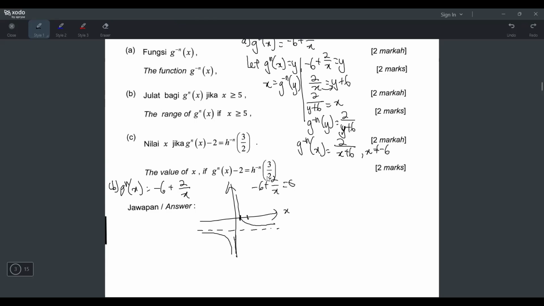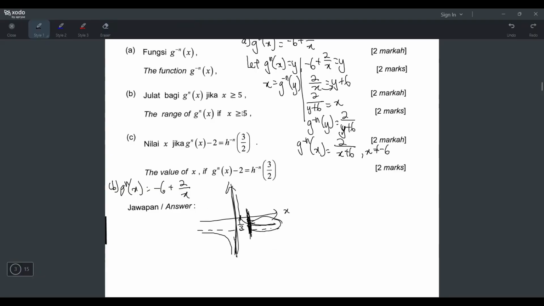So you replace the whole thing with 0, and then 2 over x equals 6, and then x equals 1 over 3. That means this is 1 over 3. So definitely x bigger or equals 5 must be somewhere here, right? So what they're asking is, if the x coordinate is cut off here, what is the range for the y coordinate? So what will be the range? How will we do it?